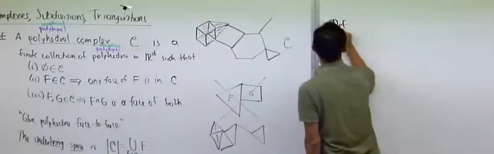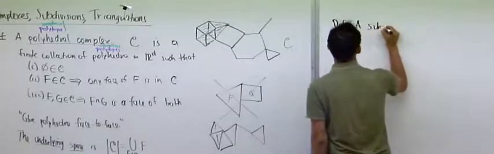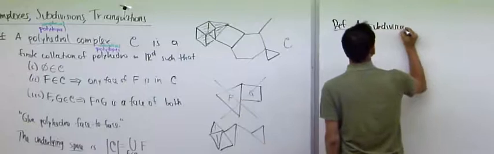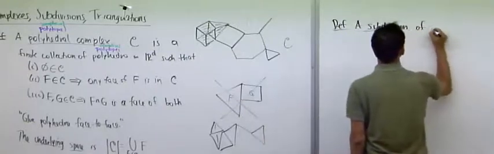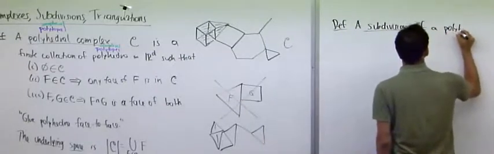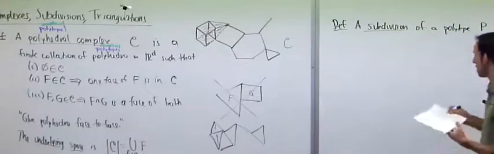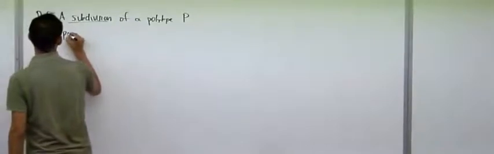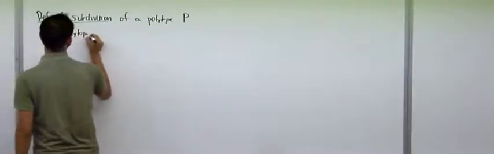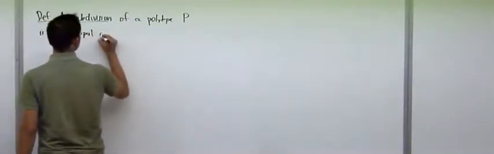So now I want to talk about what it means to subdivide a polytope. A subdivision of a polytope P is basically going to be a polyhedral complex, in this case polytopal, right? Because this is a polytope.